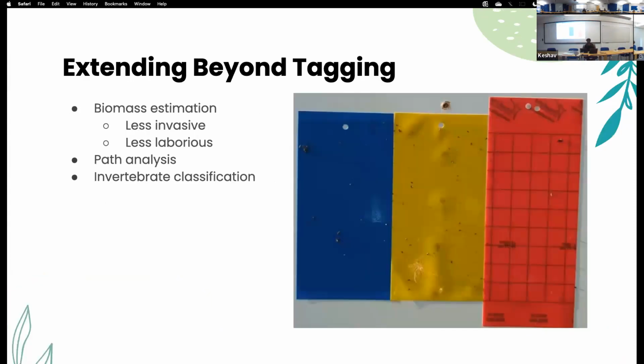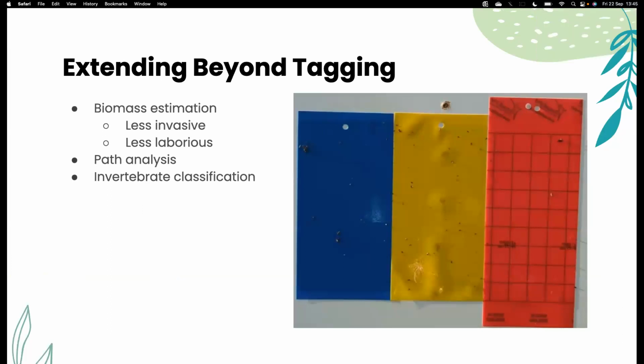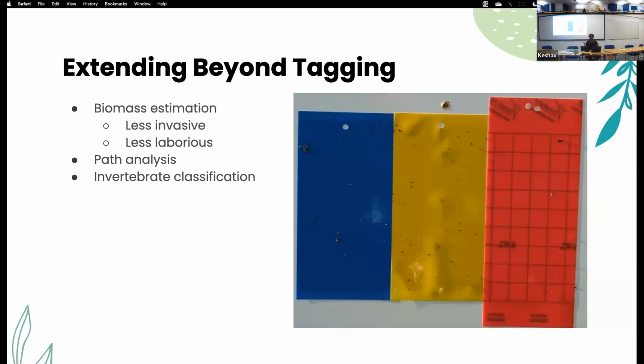Now to discuss extending this work beyond tagging. Sorry, I don't know if you can hear me. I had a question on the previous slide. What do you mean by a marked flower? I think I might have missed it, but when did you mark the flowers or track them? And is there any accuracy issue with finding flowers? Oh, yeah. So we don't actually physically mark the flowers. There's an initial step within this tool to select regions of interest that you'd like to work with.